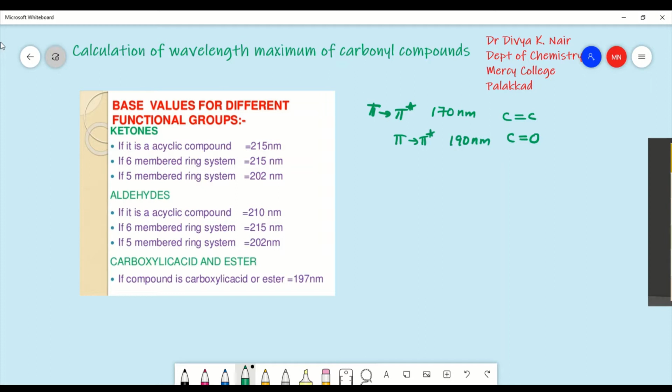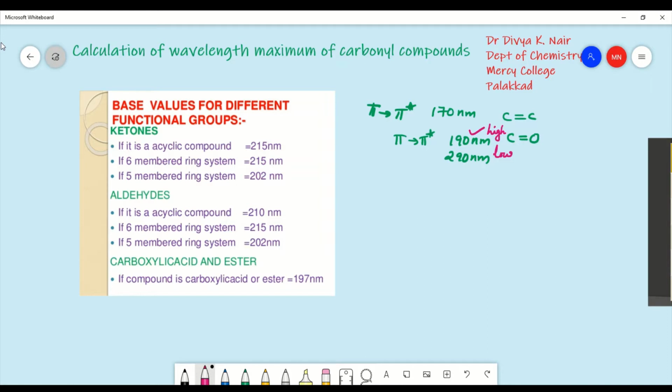And also there will be a low intensity symmetry forbidden pi to pi star band around 290 nanometer. So this is a high intensity transition and this is a low intensity transition.